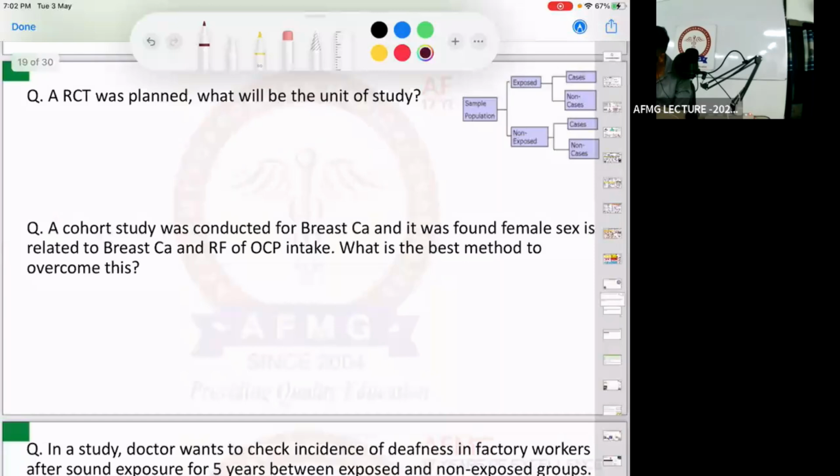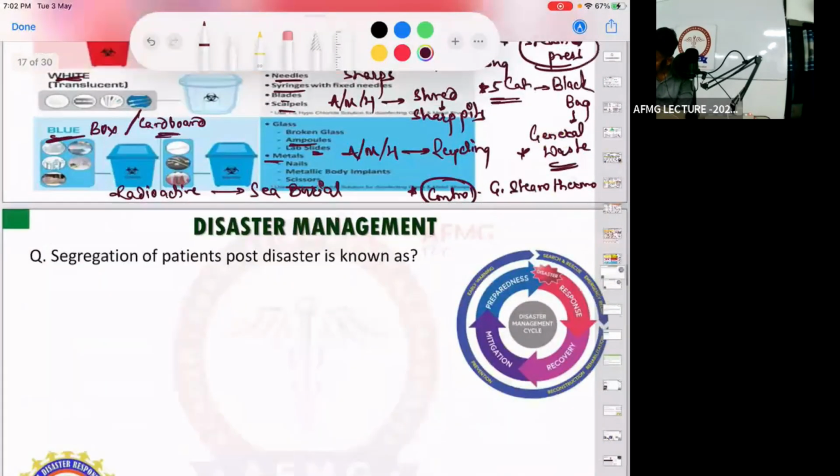What is the control organism for autoclaving? Geobacillus stearothermophilus. No issues with this.